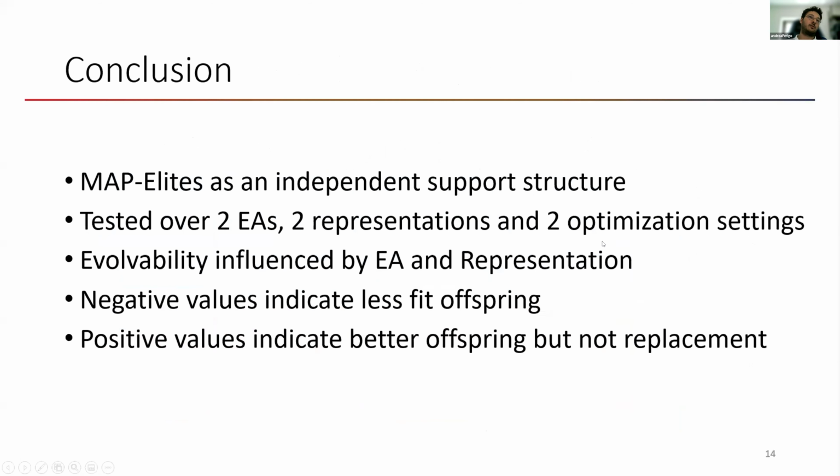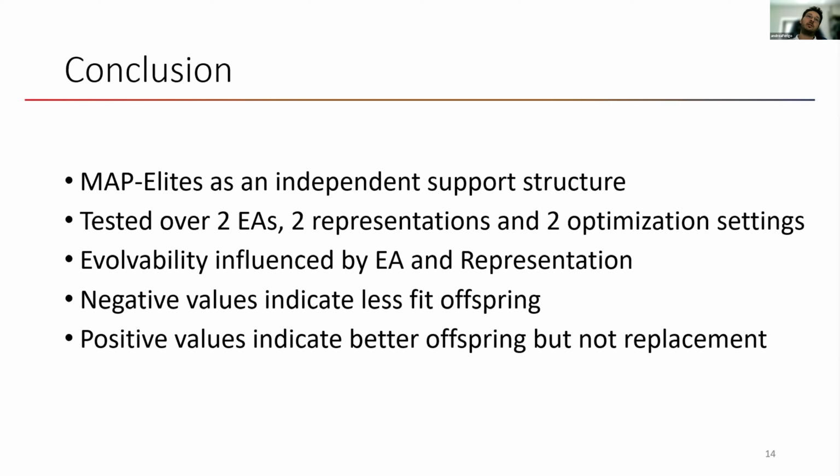So, in conclusion, we proposed MAP-Elites as an independent support structure to analyze the evolvability. We tested it over 2 different evolutionary algorithms, 2 representations, the direct and indirect one, and 2 optimization settings, involving only the brain or the body and brain.